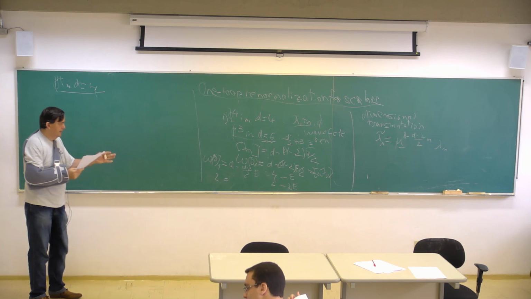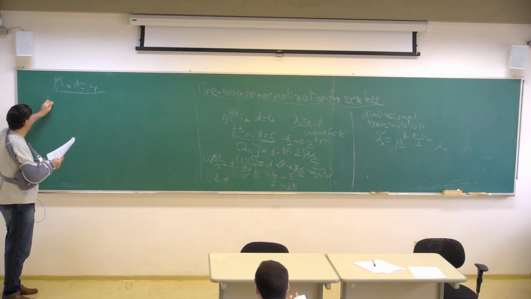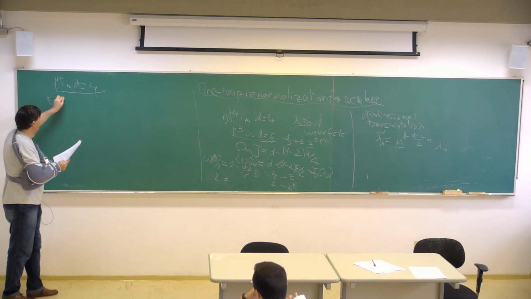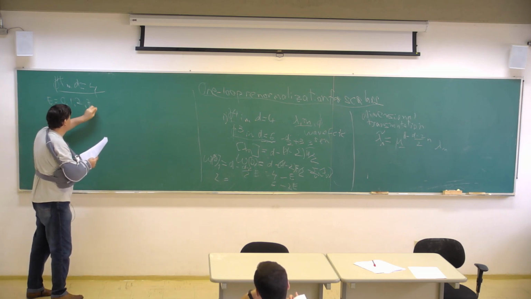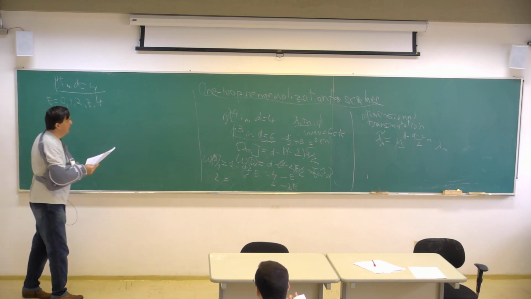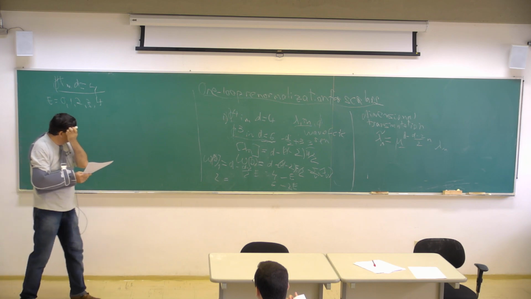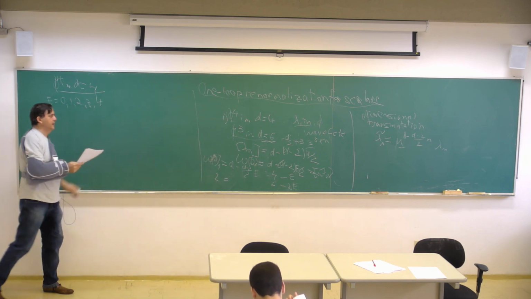So the things that are divergent are the things with omega positive, which is e equal to 0, 1, 2, 3, 4. Also 4 is divergent because omega equal to 0 means log divergence, as we remember.